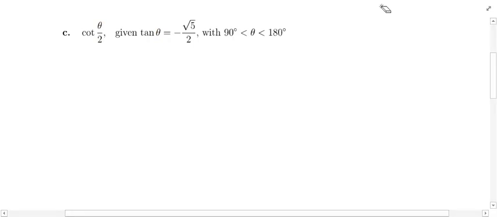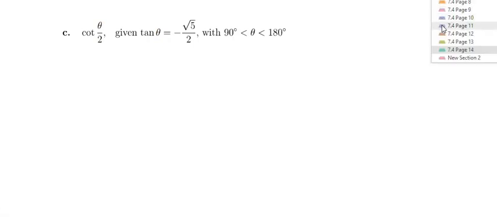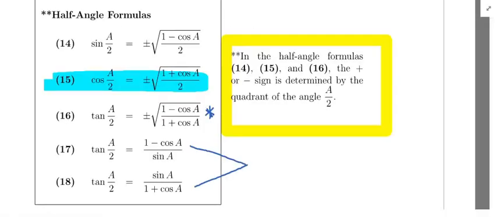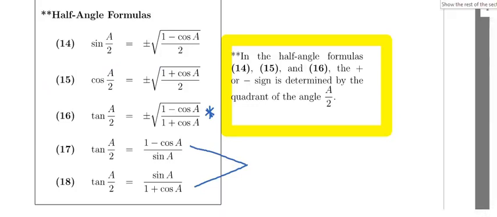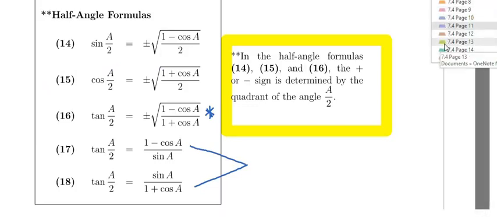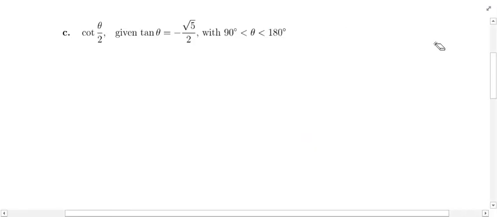Let's go to our half angle formulas. Here's another issue. When you look at this, there isn't a formula for cotangent. Yay! So how in the world are we going to handle that? Well, I can say that the cotangent of theta over 2 is equal to 1 over the tangent of theta over 2.